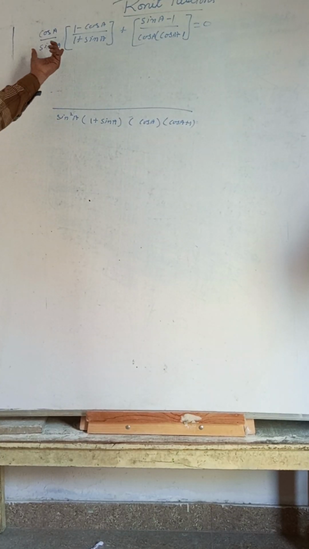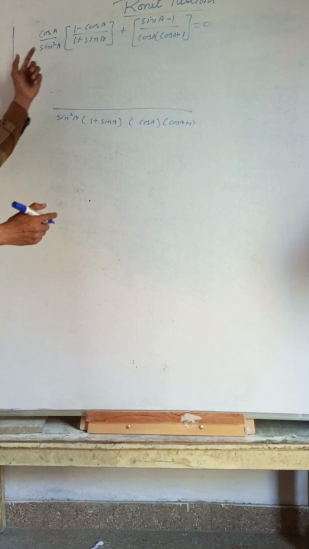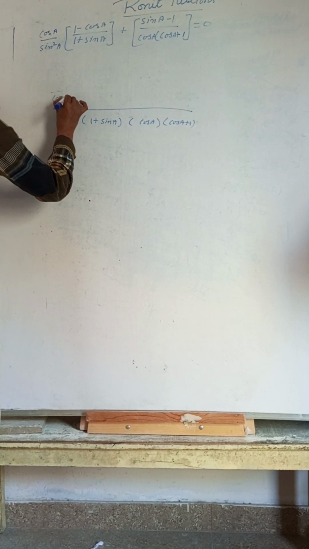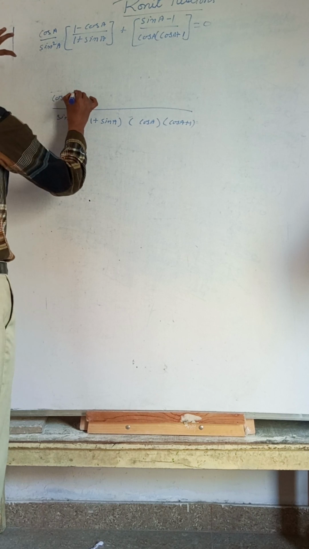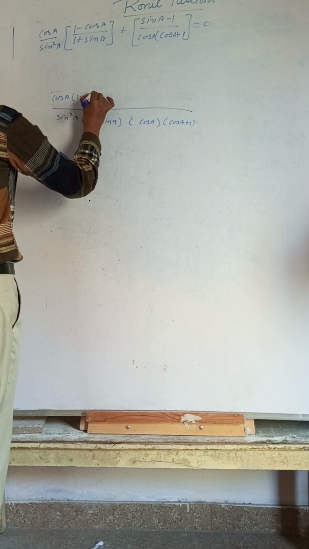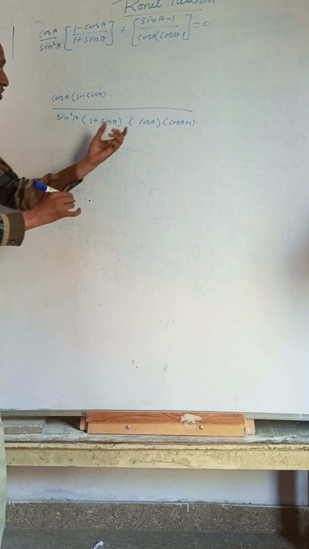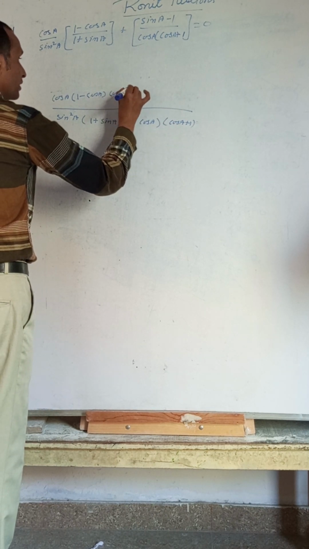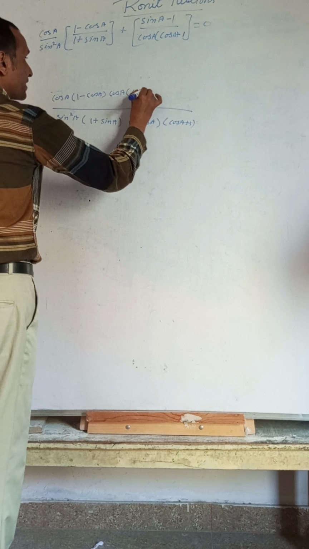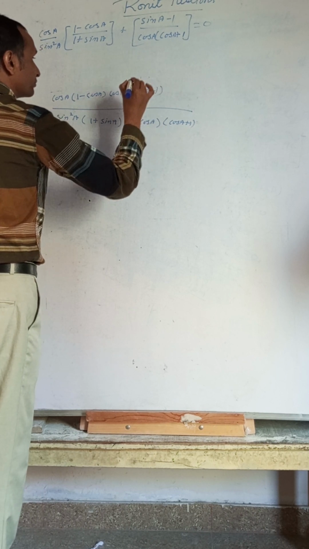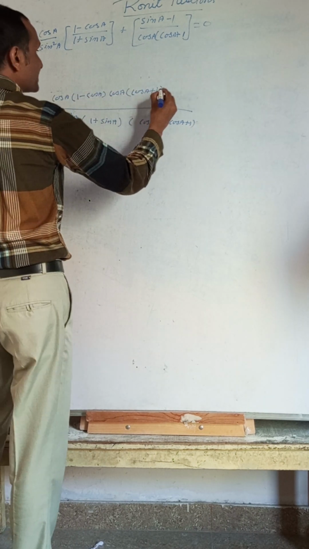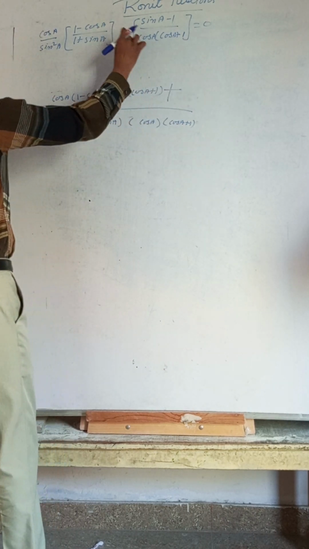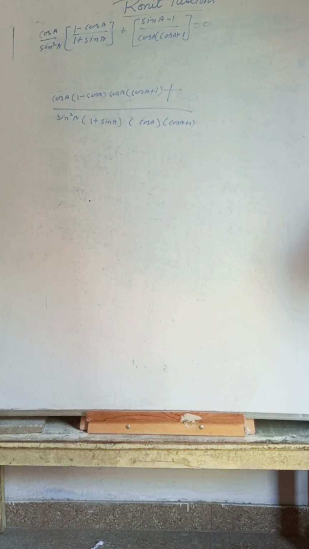Now this went to this side, this one remaining. So this way I can write cos A, this one into this one, 1 minus cos A, into cos A into this one cos A plus 1. Plus is there here, so I wrote the big one.